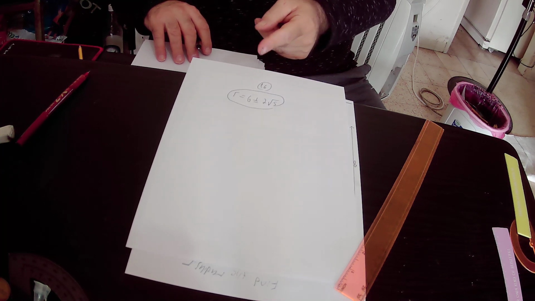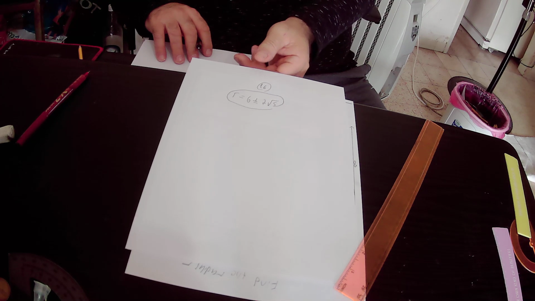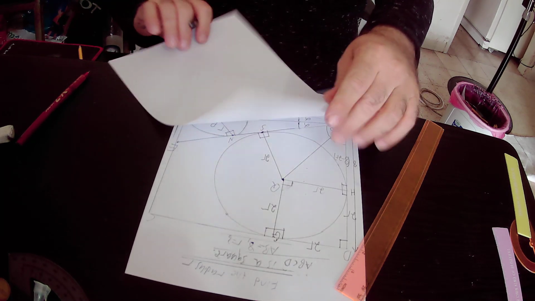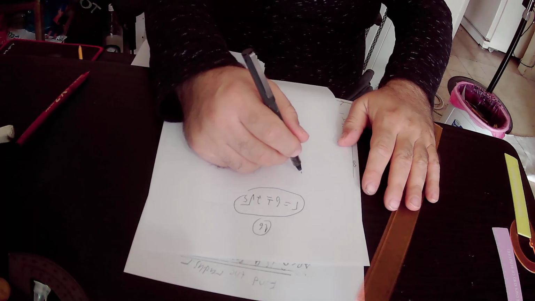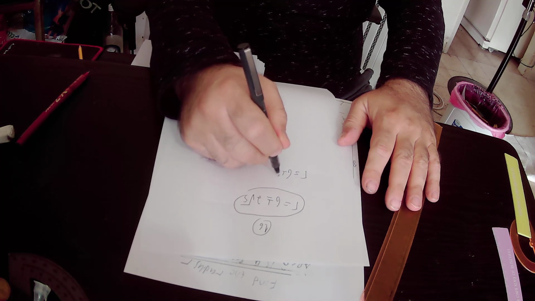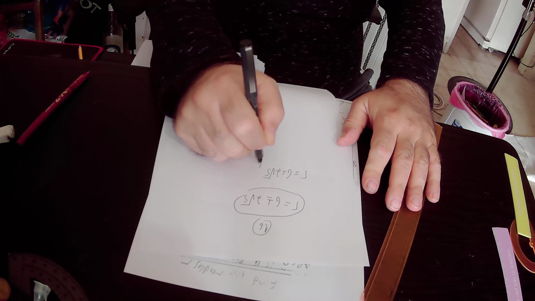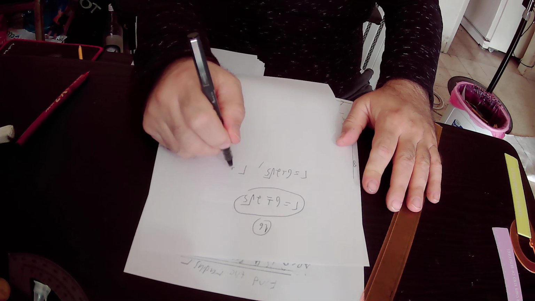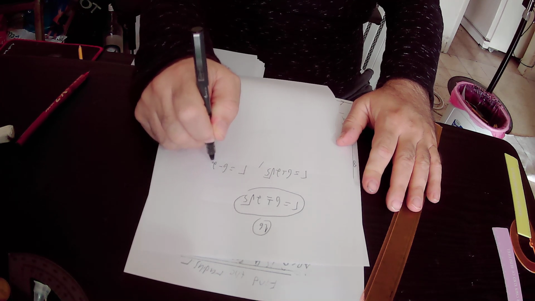It either equals to 6 plus 2 times root 5 or to 6 minus 2 times root 5. So I write it down. The radius can be equal either to 6 plus 2 times root 5, or the radius also can be equal to 6 minus 2 times root 5.